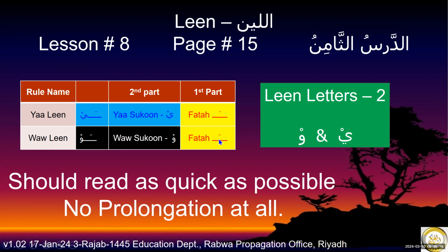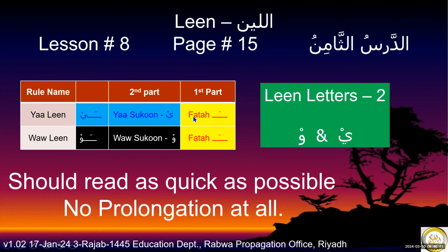The second kind is fatha followed by waw sukun. It is a waw leen. So we have two letters of leen. In the case of mad, we have three letters: huroof al mad thalatha, alif, ya sukun, waw sukun. But in huroof al leen, only two: ya sukun and waw sukun. Both of them have a common thing, that is a fatha.